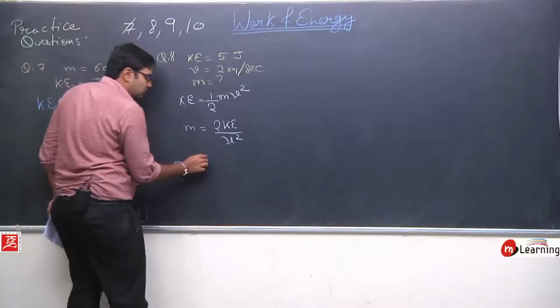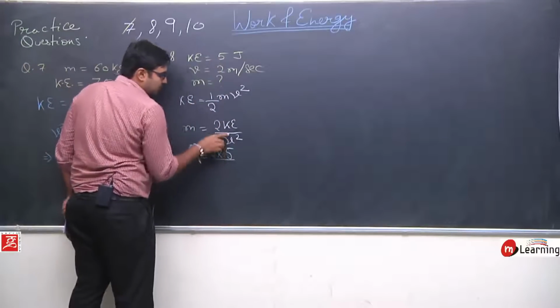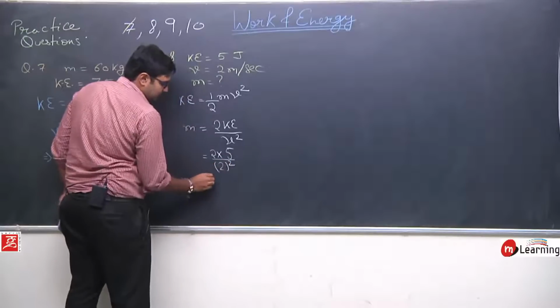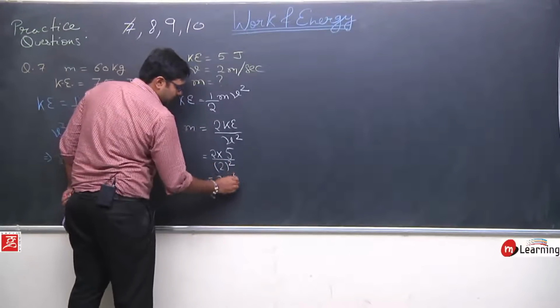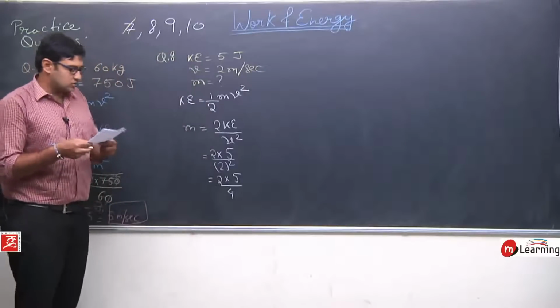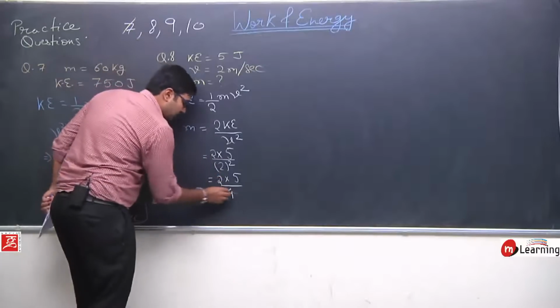So here I can substitute 2 into kinetic energy, which is given as 5, upon v square, that is square of velocity. So 2 square, this will give you 2 into 5 upon 2 to the power 4. Okay, so this is 4. Now you can calculate from here, 2 and this is 2.